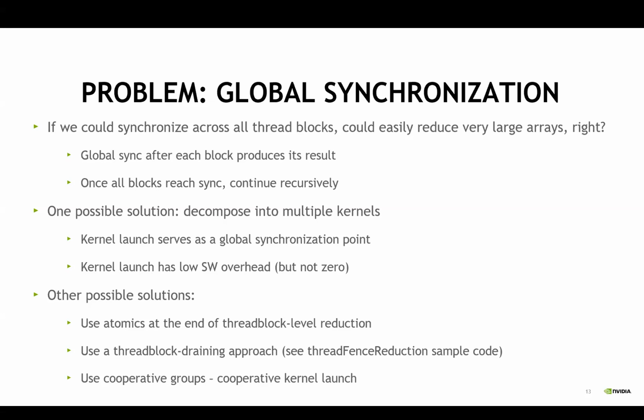Once we've identified the thread block that is the last one to complete, we can now task that thread block with additional work, knowing that all other thread blocks are complete. Therefore, we've got a synchronization boundary, and we can complete the final reduction steps using that thread block alone. That would be called a thread block draining approach, and there's a CUDA sample code that details how to do that. The last approach is to use something called cooperative groups.